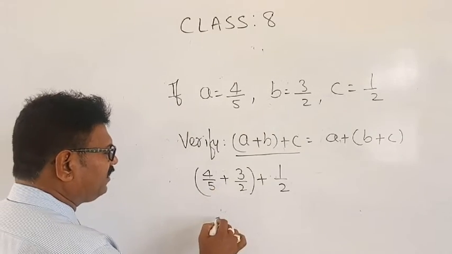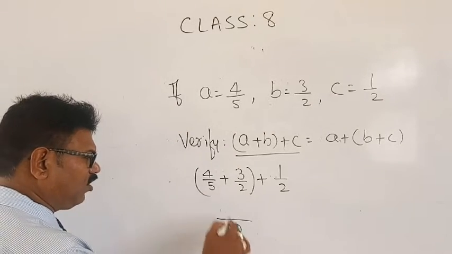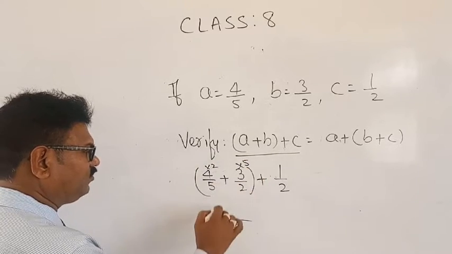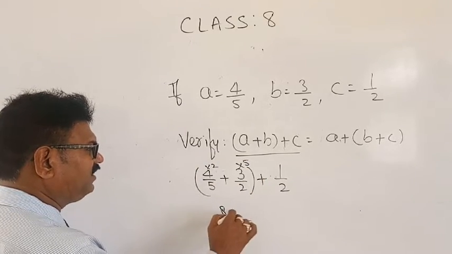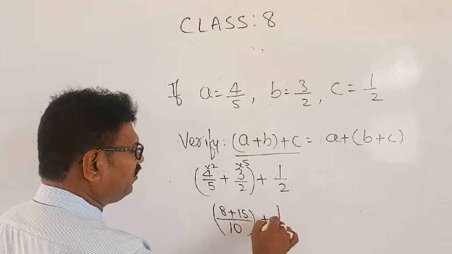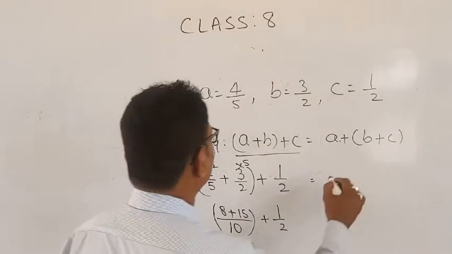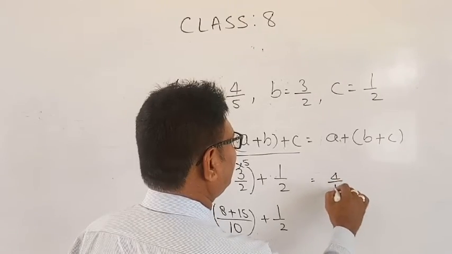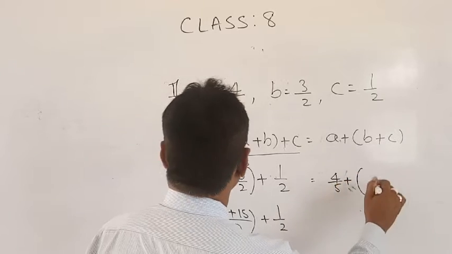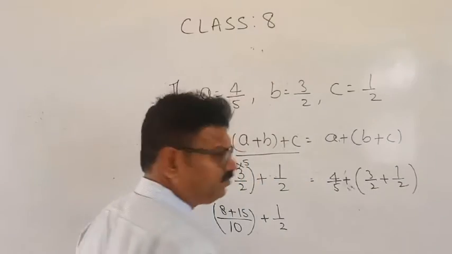Now this is one bracket. Take LCM, 5 twos are 10. Now 5 how many times? 2 times. 2 how many times? 5 times. 2 fours are 8, plus 5 threes are 15, plus 1 by 2. Now take the right side: 4 by 5 plus 3 by 2 plus 1 by 2.